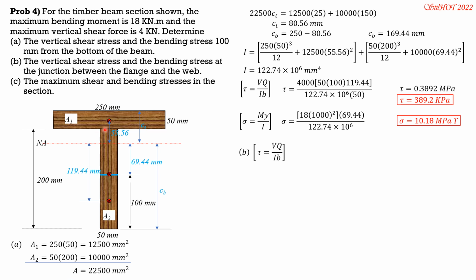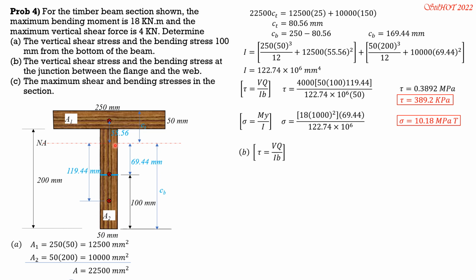We have the area above this junction, which is easier because this is 12,500, and the area below this junction, which is this one. However, there are two areas to be considered if we consider the area below this junction: the area below the neutral axis and the area above the neutral axis.